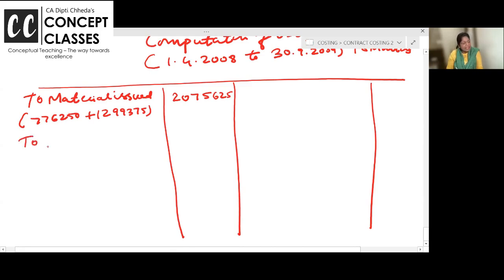Now I am taking material के बाद labor. Labor paid for this year is 517,500. Next year it is paid 618,750.